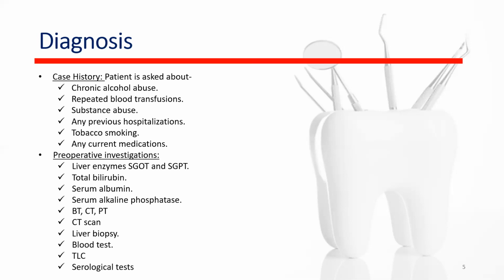Preoperative investigations such as liver enzymes, SGOT and SGPT, total bilirubin, serum albumin, serum alkaline phosphatase, bleeding time, clotting time, prothrombin time, CT scan, liver biopsy, blood test, total leukocyte count, and serological tests are done.